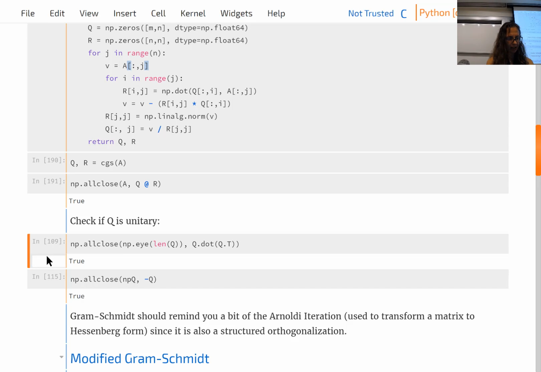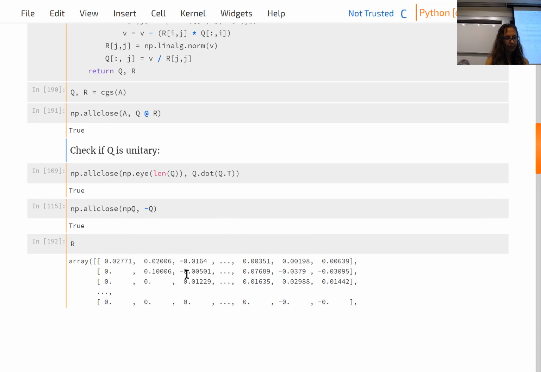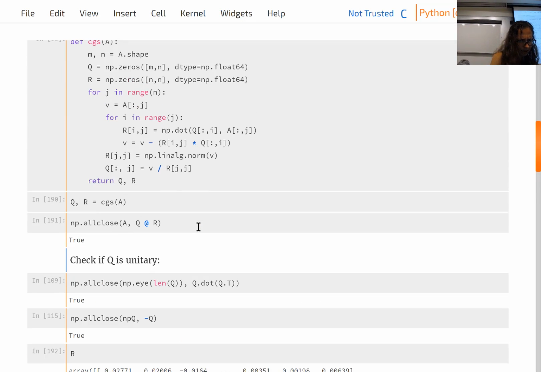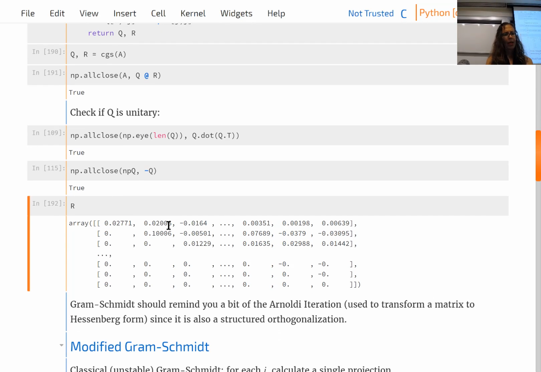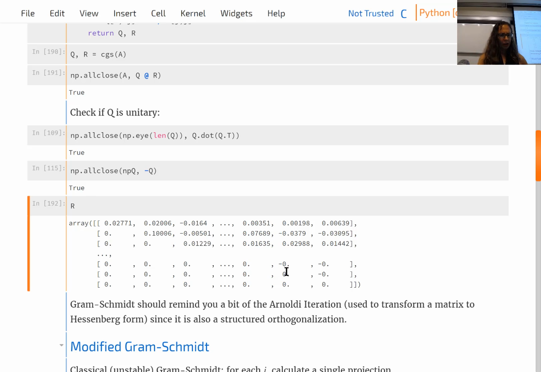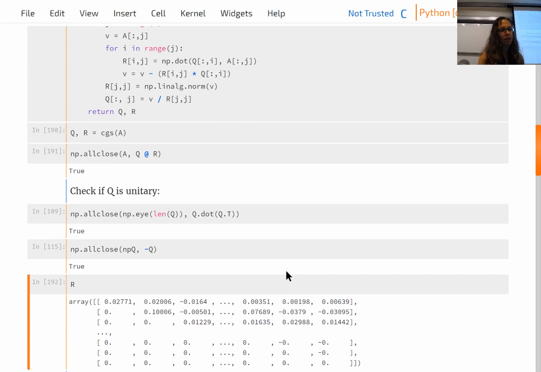And I probably should have checked that R is actually triangular, and it is. Oh, in this case, maybe A is not. A might not be square. But yes, you're getting something triangular back. So that's Gram-Schmidt.